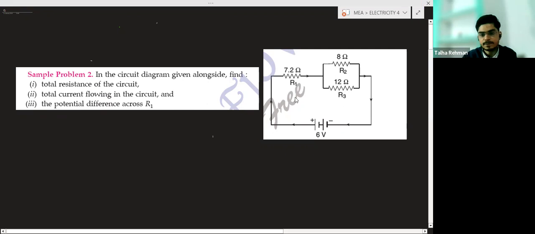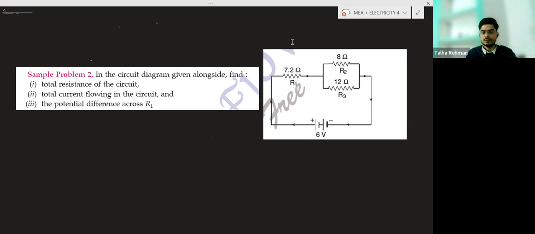Basically, you can see here, this 8 ohm and 12 ohm are connected in parallel because this is an end-to-end connection. But with this 8 ohm and 12 ohm combination, this 7.2 ohm is connected in series. Basically, this is a mixed combination, series and parallel at the same time.